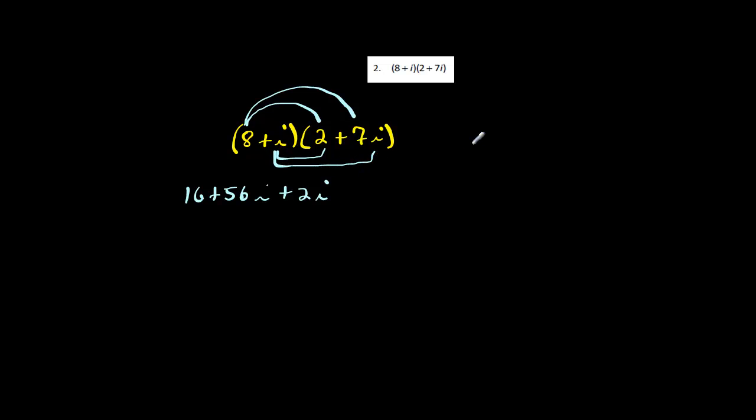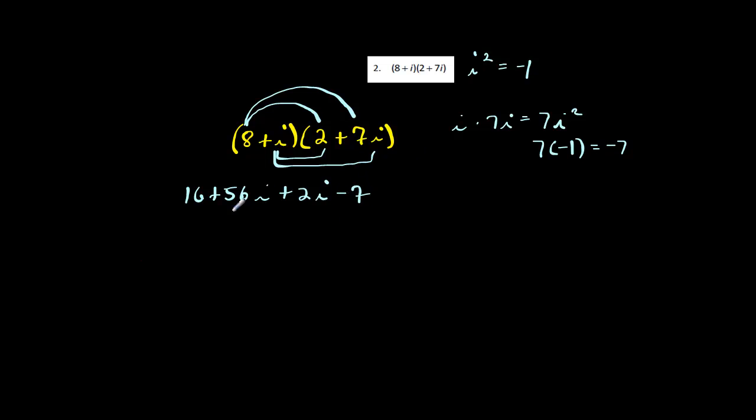And i times 7i, can do that over here. i times 7i is 7i squared. But remember, i squared is negative 1. So it's the same as 7 times negative 1, which is negative 7.